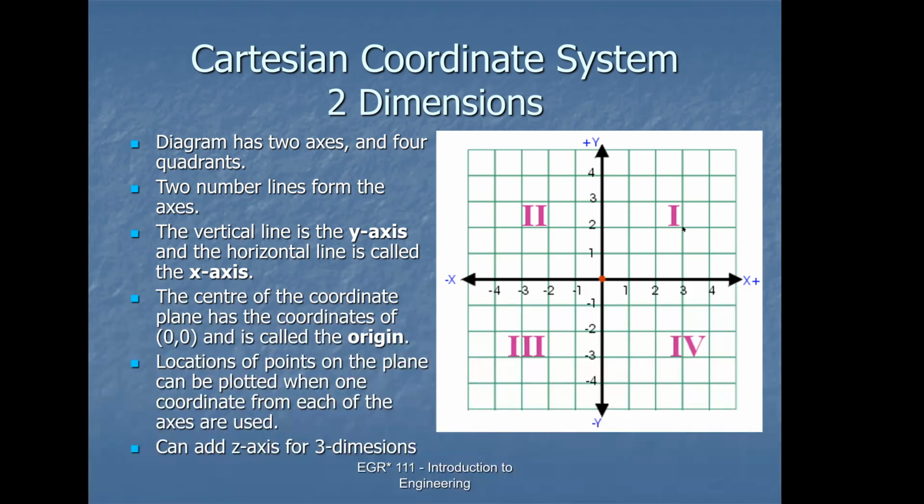Another way you could represent this point, and a line from here to here, would be to say what the magnitude is, how long this line is, and what the angle is relative to the x-axis. That's another way to represent vectors.